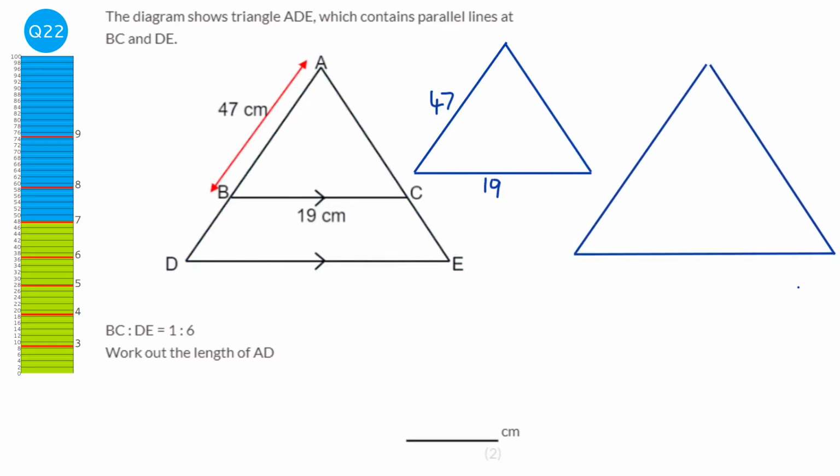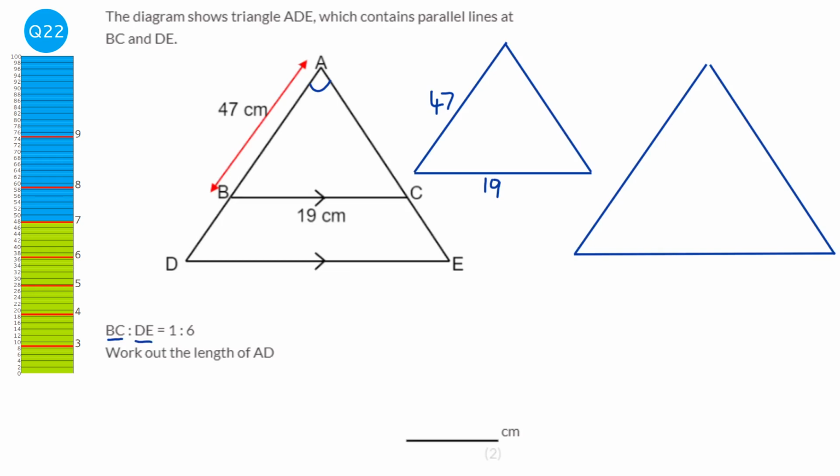Okay, now we know that both of these triangles are similar, and the reason is they share an angle and the lengths at the bottom are parallel, so they will be similar, which means one's an enlargement of the other. We are given some information in the question that the ratio of BC to DE is 1 to 6.